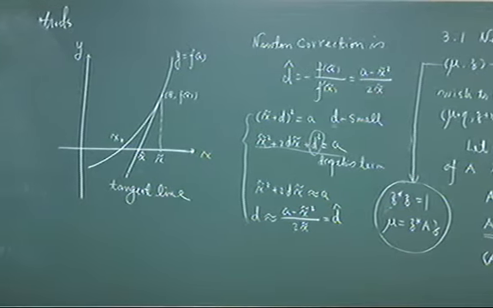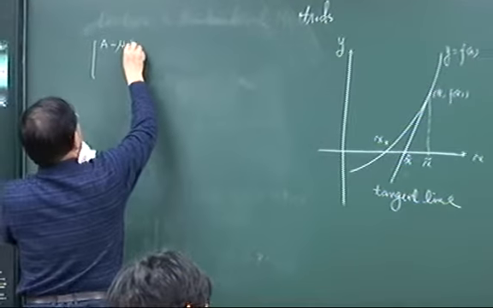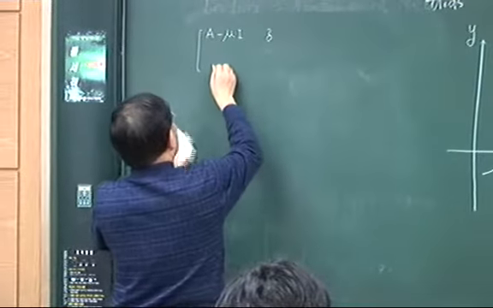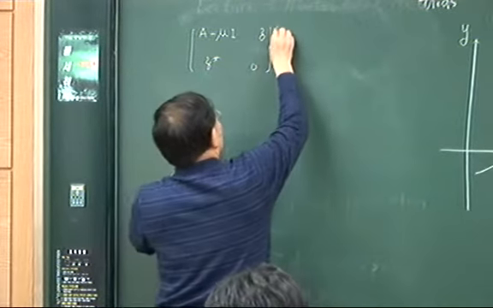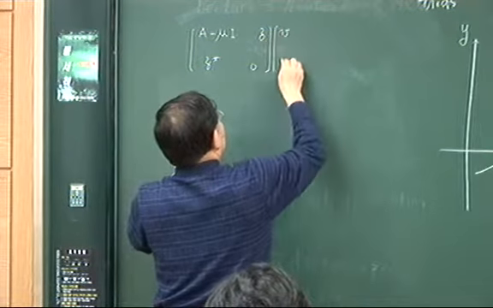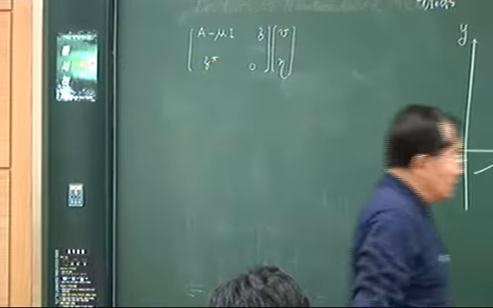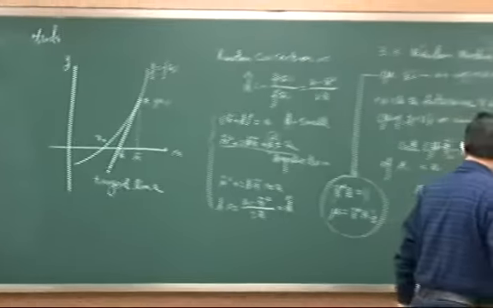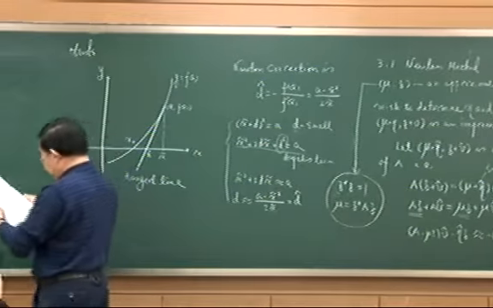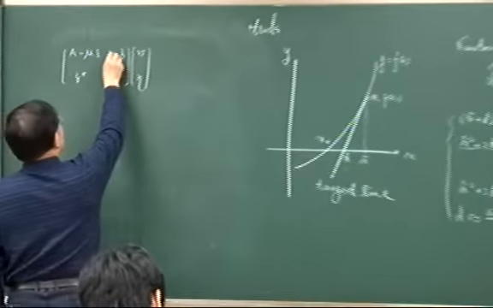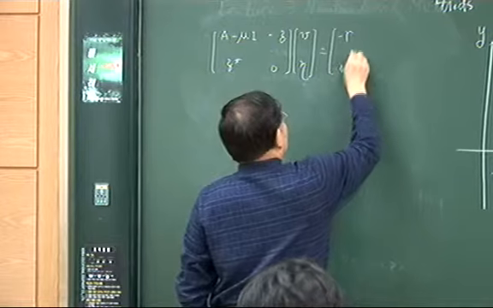In matrix form, it's just (A − μI) z* = 0, v under... should be... minus R0.